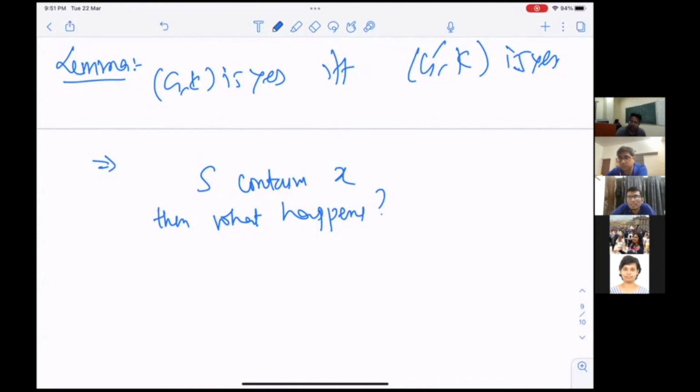If x is in the vertex cover, then both y and z cannot be there. Why? If both y and z are there, then remove x. It will decrease the size.